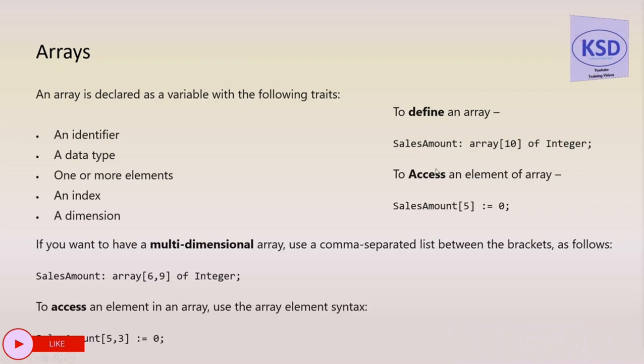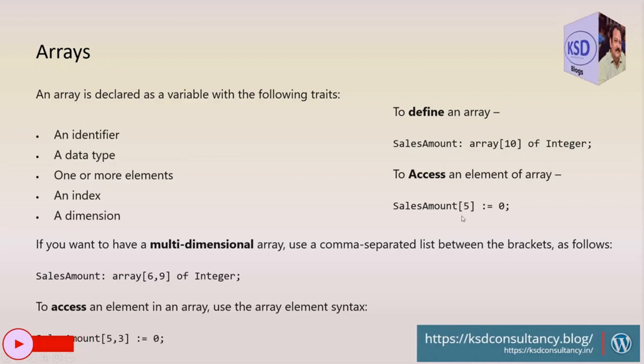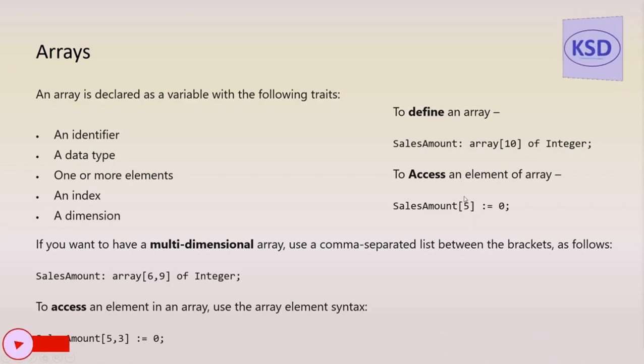When you are accessing an element of an array, you will say your variable name in square brackets, and you will provide your element number or your index.